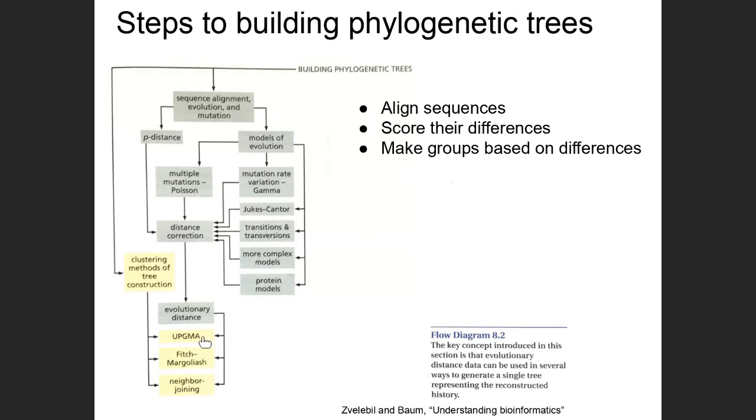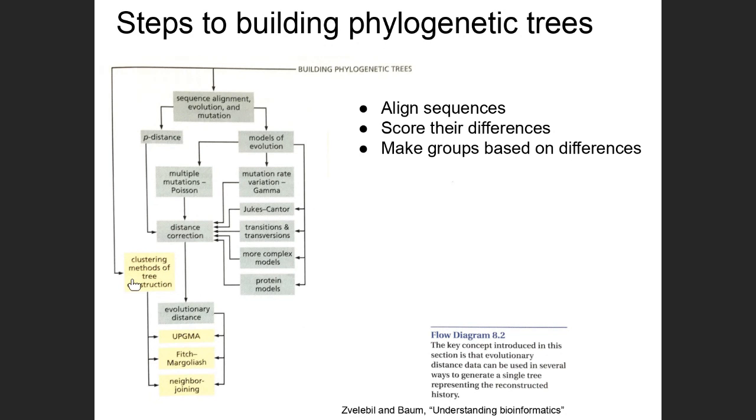So this is basically to show you different ways of building the phylogenetic trees. We're going to use p distances. And the models of evolution, instead of using p distance, will use corrections. So I will show you Jukes-Cantor, and I haven't told you about transitions and transversions, so you don't actually have to do all this. The purpose of this figure is to show you some background on what goes into building a phylogenetic tree.